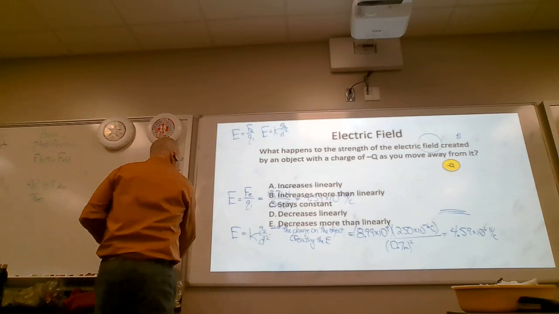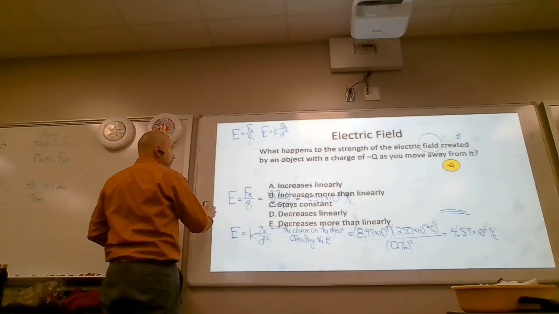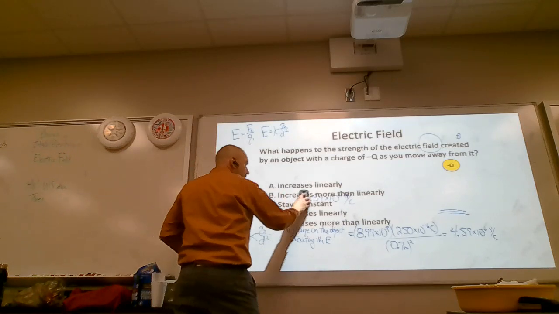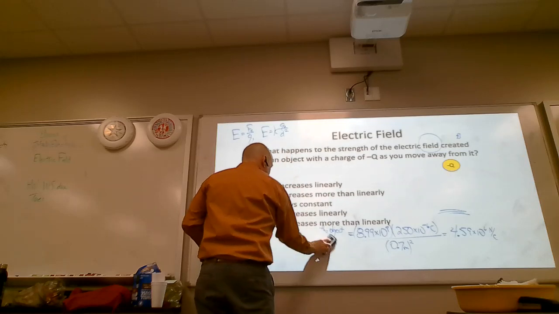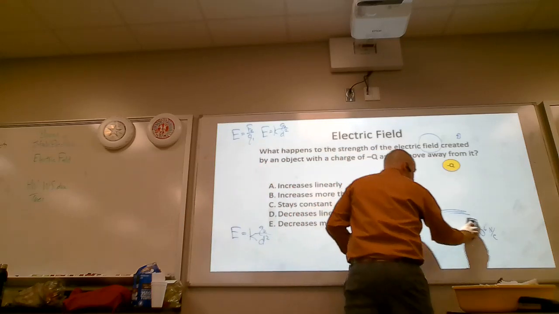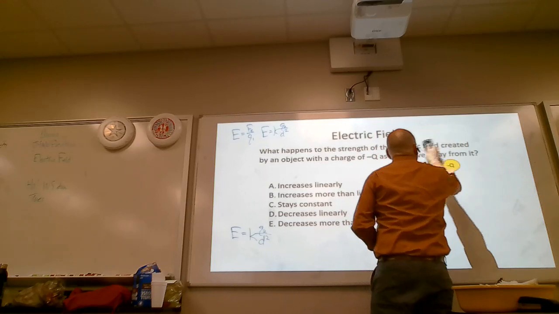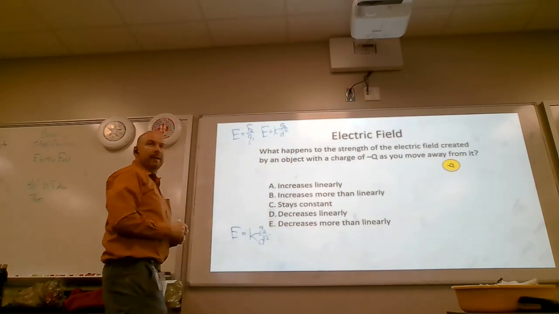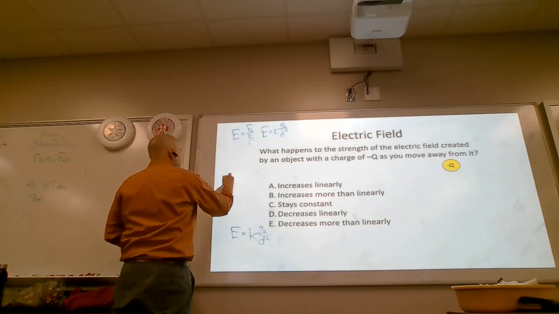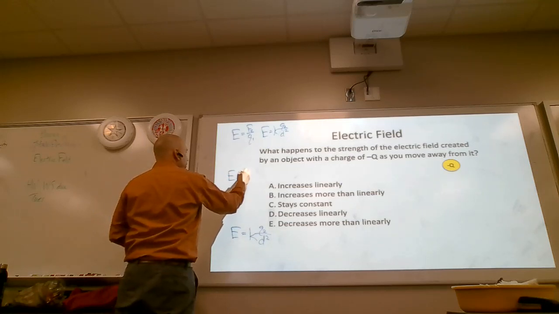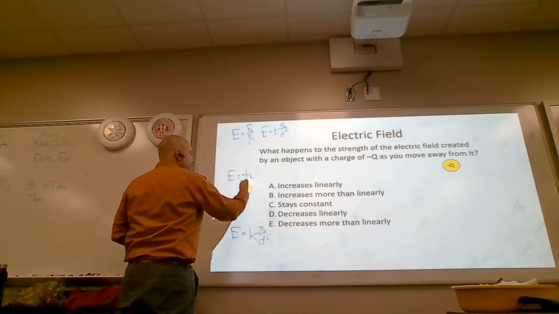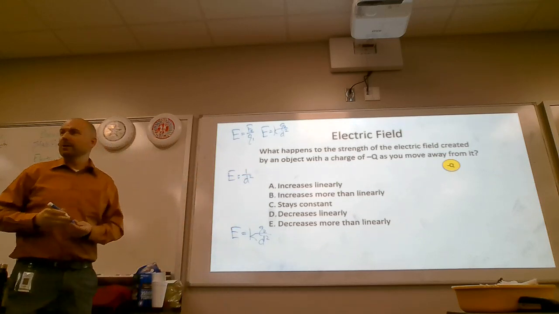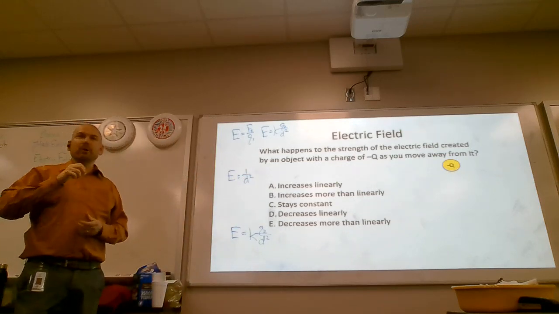All right. This next question is kind of dumb. What I'm getting at here is the electric field is proportional to 1 over d squared, so it's an inverse square law. So it's going to drop off quickly.